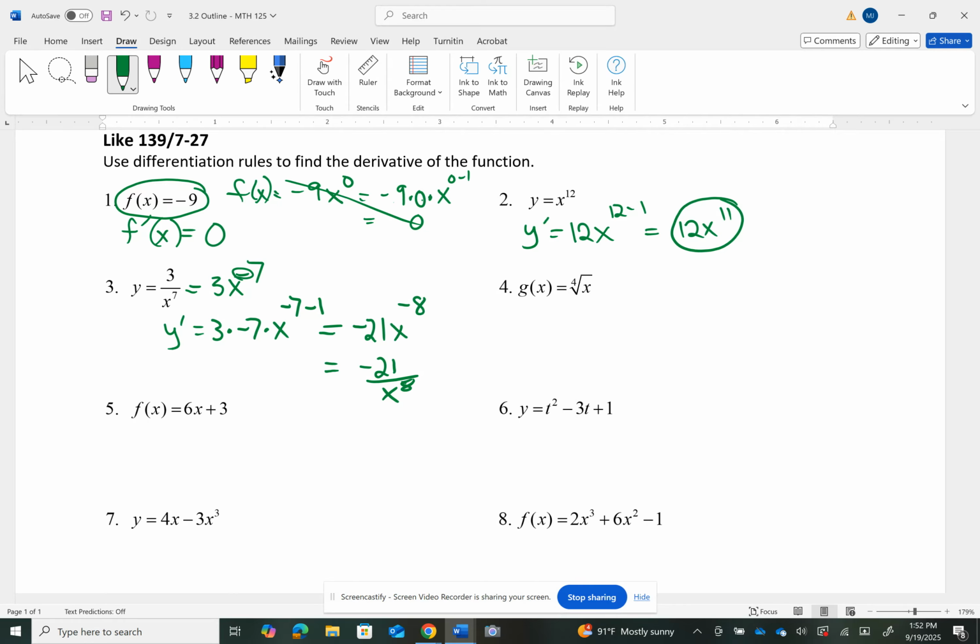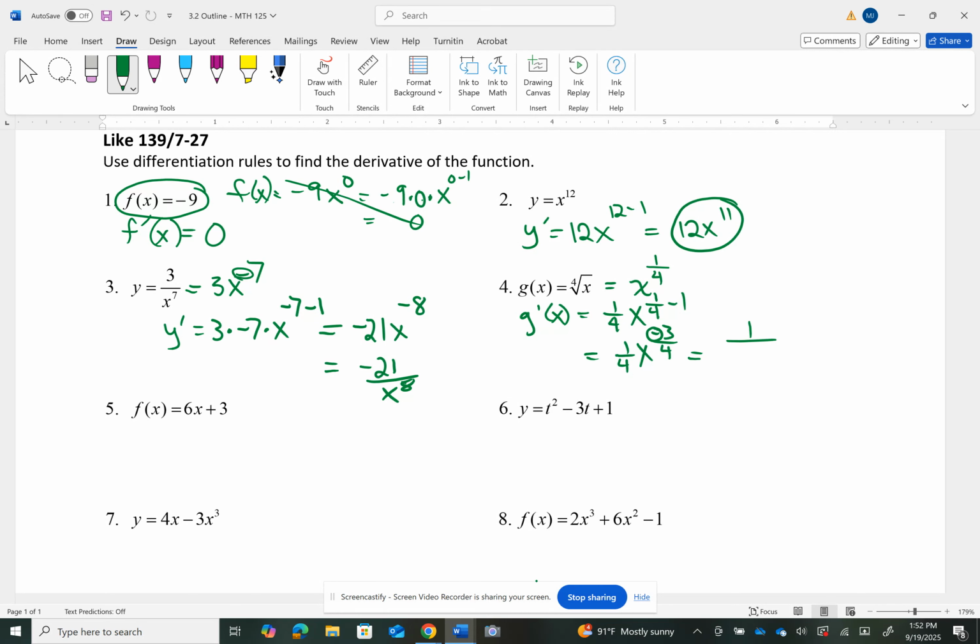Okay, now problem number 4 needs to be rewritten before you can do it. So you need to think about how 4th root of x is the same as x raised to the 1/4 power. Now that it looks like a power function, we can do 1/4 x, subtract 1 from the exponent, and we wind up getting a -3/4, and then we'll rewrite that using radicals and also getting rid of that negative exponent.